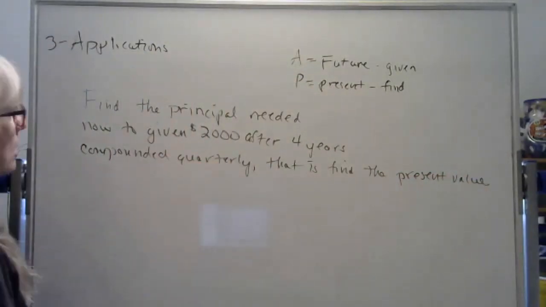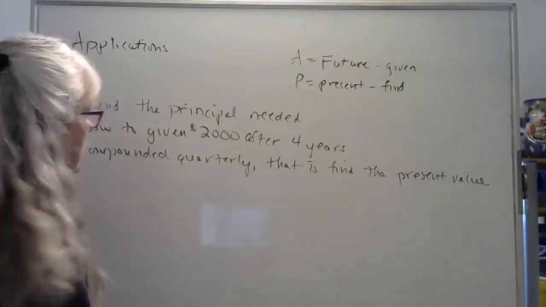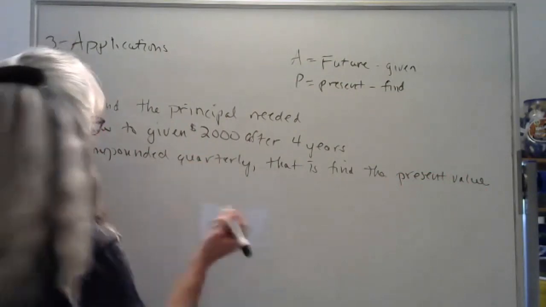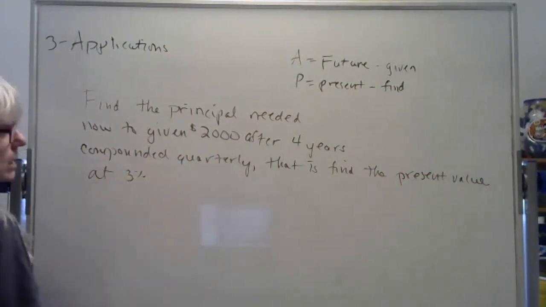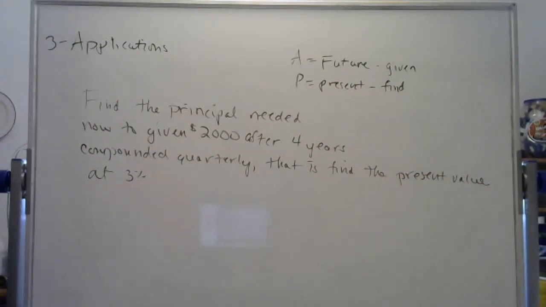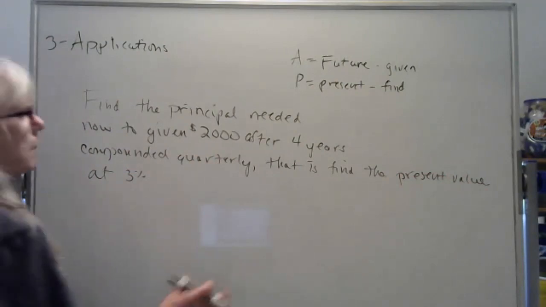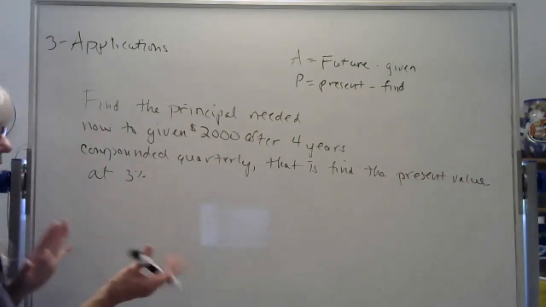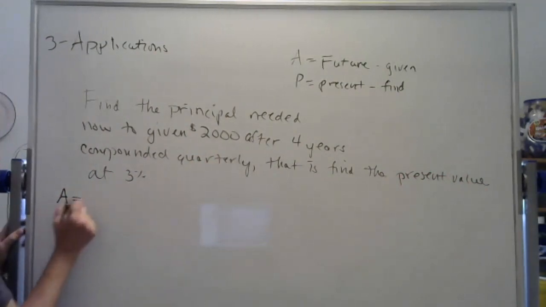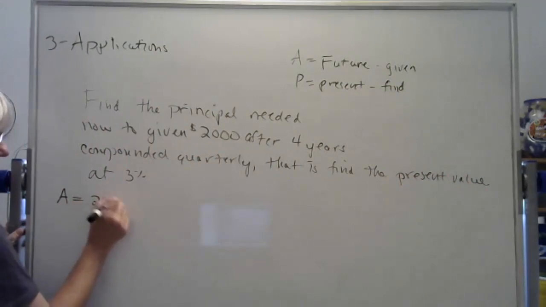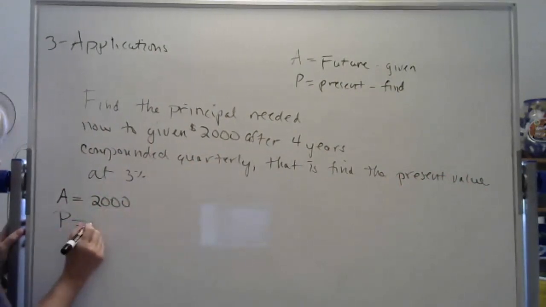Oh, we need the interest rate. 4 years, compounded quarterly, I don't know, let's do 3%. Because we need the interest rate in there. Okay, so I'm going to go through and identify what they've given me just so I know what I've got. So A is the amount at the end of time. I know that's the $2,000. P is the amount at the beginning of time, the present value, and it is unknown.